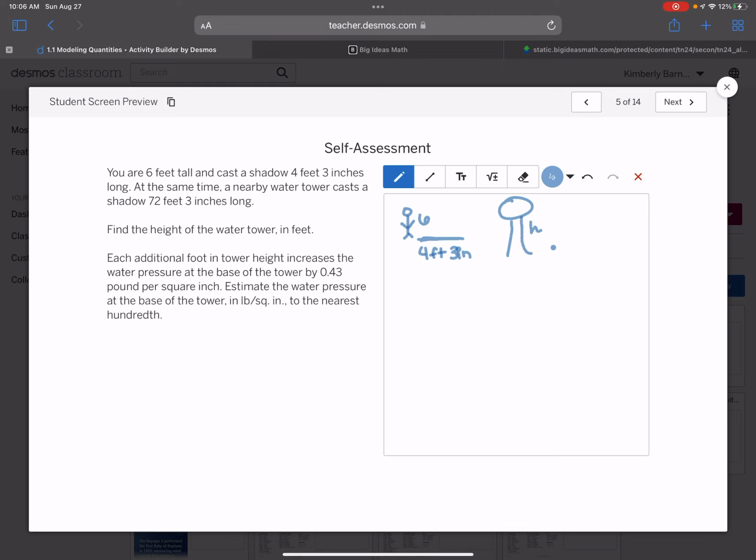We don't know its height, but we know that it casts a shadow that's 72 feet 3 inches. The first thing I want to do is get this where it's out of feet and inches. I want it to be one measurement. So I'm going to convert inches to feet, since they're both 3 inches, by dividing by 12.